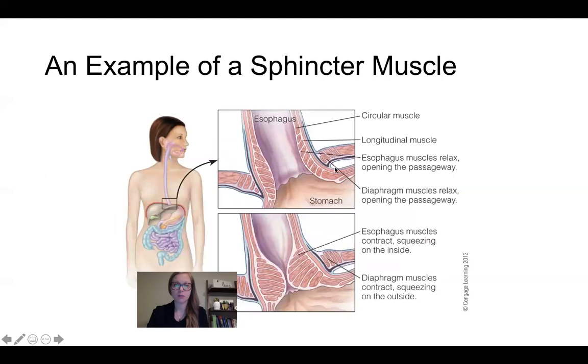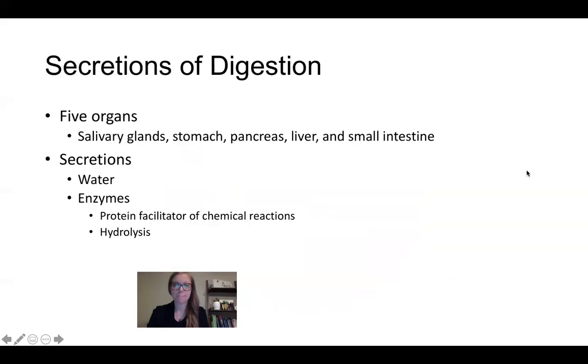Okay, examples of a sphincter: opens and closes. Okay, secretion, five organs. So knowing these are important in digestion.